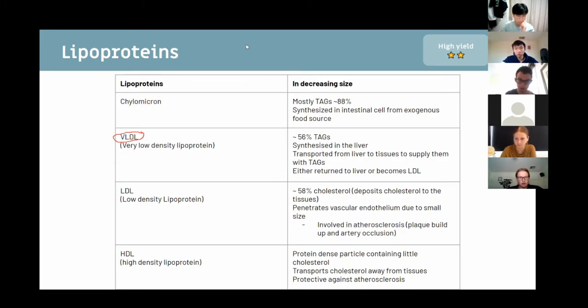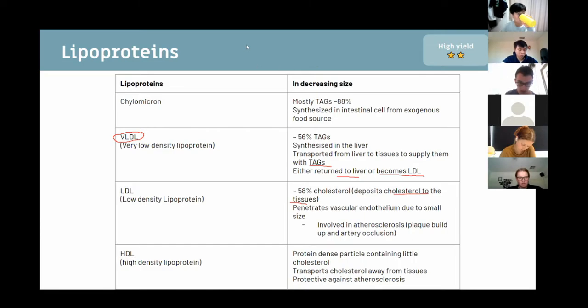Chylomicron remnant goes to the liver. The liver synthesizes VLDL, and this is transported from the liver to tissues to supply them with TAGs. It will return to the liver as itself, or it will become LDL. What is LDL? LDL is a low-density lipoprotein that deposits cholesterol. It is mainly cholesterol. It penetrates vascular endothelium due to its small size and is involved in atherosclerosis, or plaque buildup.